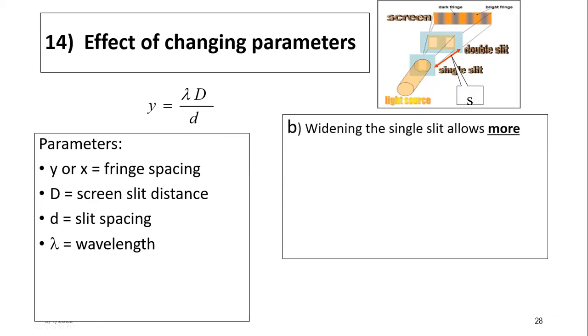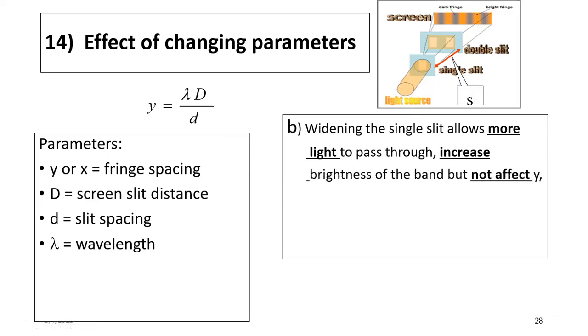Widening the single slit. The single slit there, we widen it, we allow more light to pass through. So we increase the intensity, we increase the brightness here. Why is X not affected? Because you don't see it in the formula.